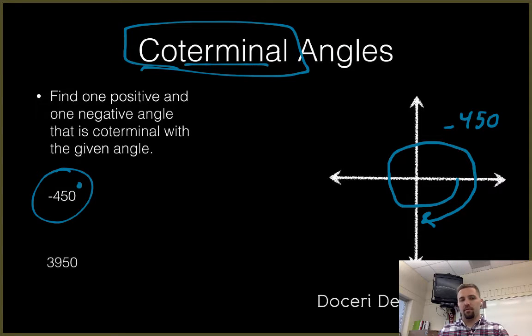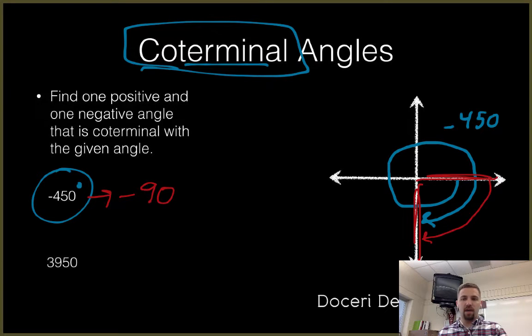But negative 450 is the same as negative 90, right? Those start and end in the same place. This is the initial side and this is the terminal side. So negative 450 is the same as negative 90.